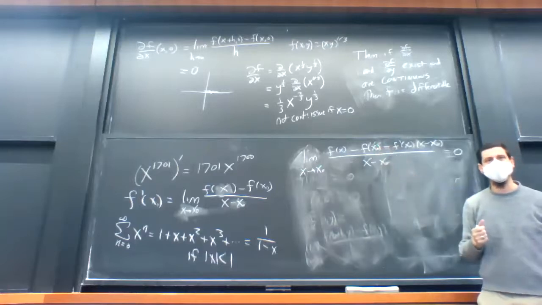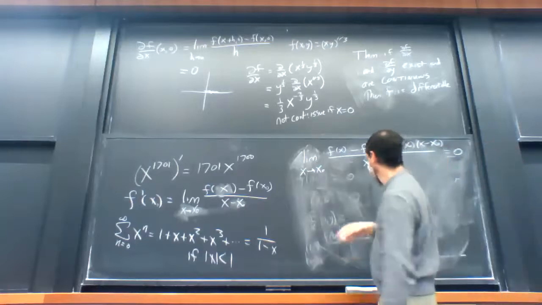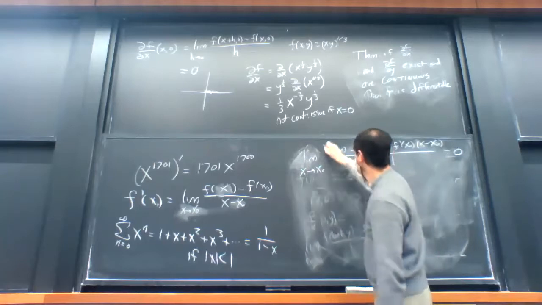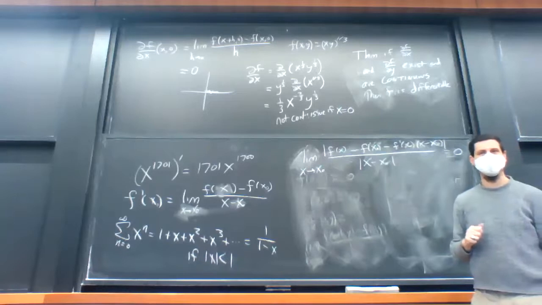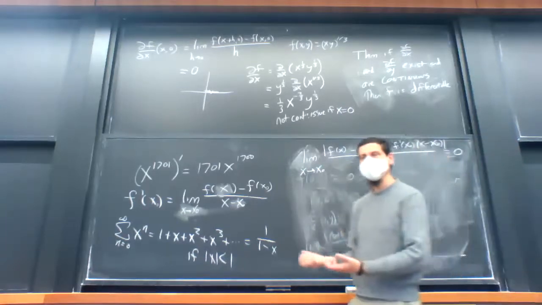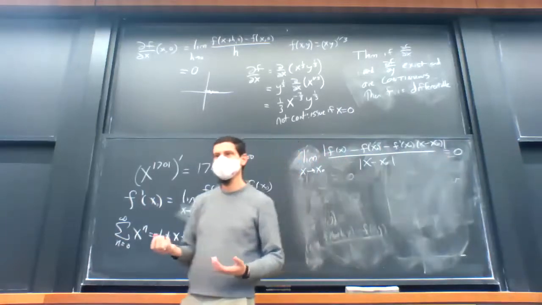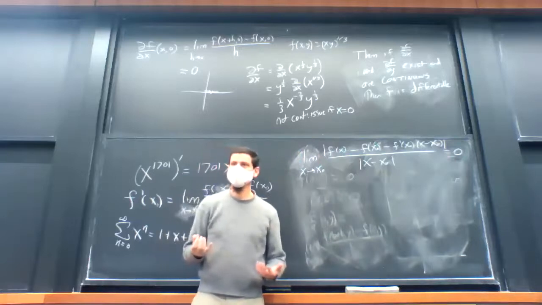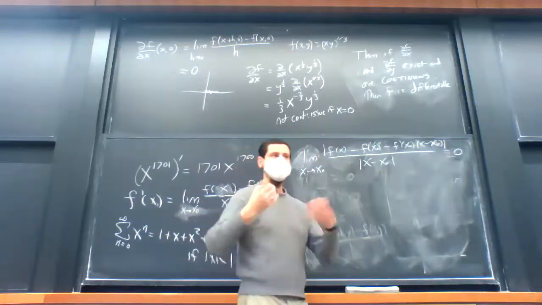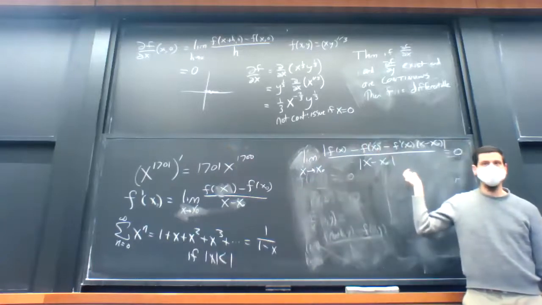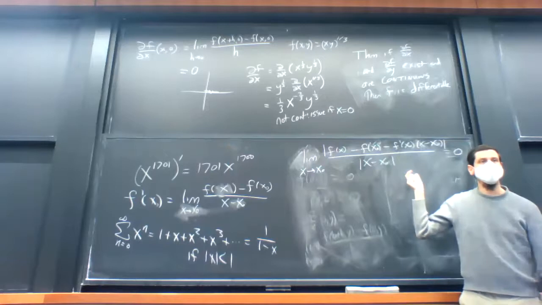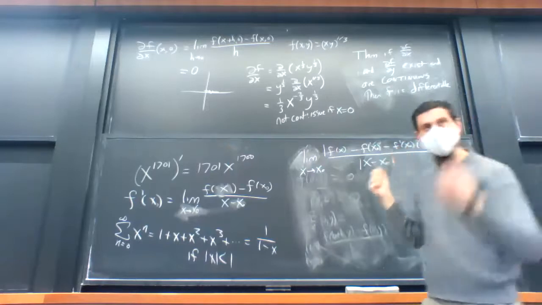I can't divide a real number by a vector. Not a big deal. Put an absolute value. And how would we generalize the absolute value? Instead of taking the absolute value of a number, we would take the length of the vector.